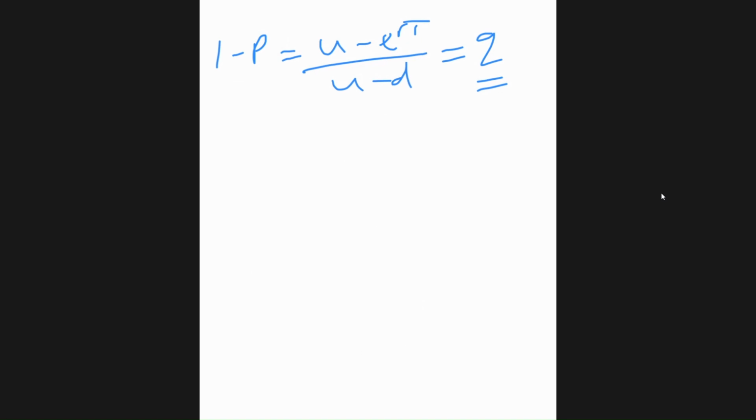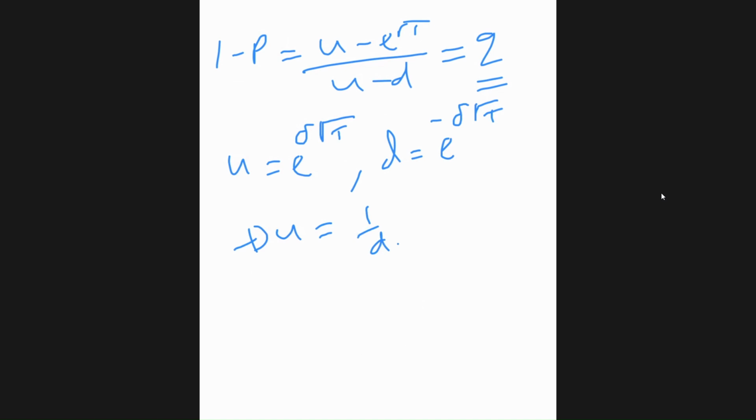And usually, under risk neutral condition, U can be given by exponential of volatility times the root of T, or whatever, so that D is the inverse of this, which is exponential of negative volatility times the root of T. That means that U is equal to 1 over D, or D is equal to 1 over U, the other way around.